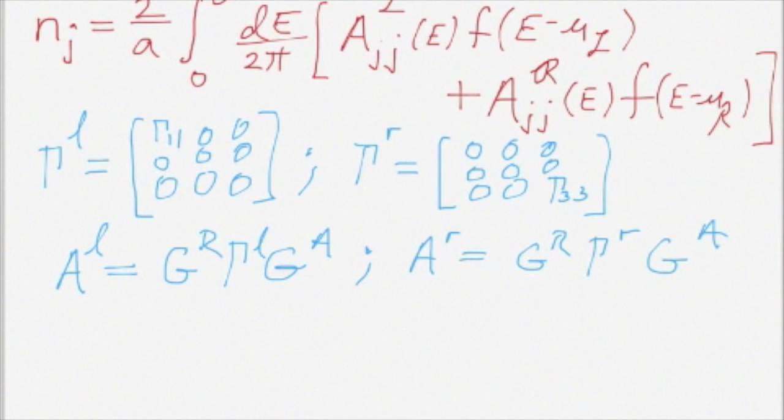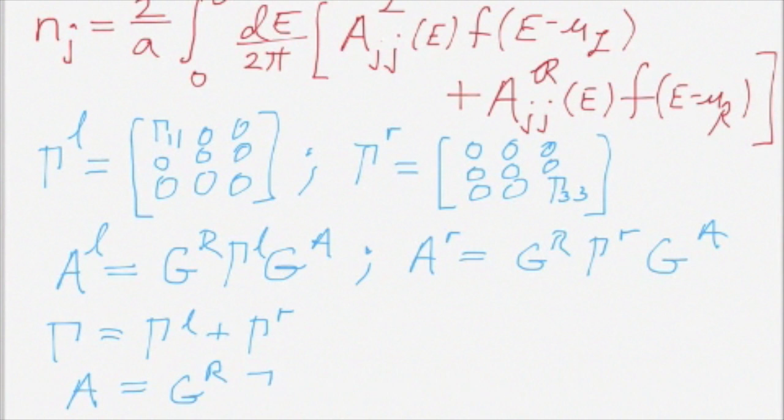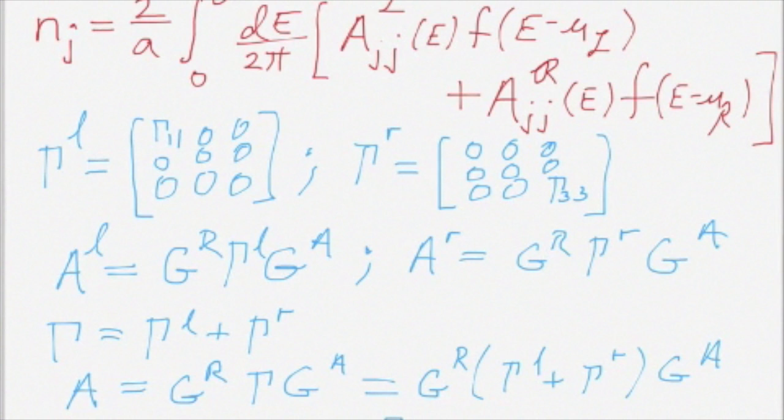And since gamma is gamma L plus gamma R, just adding them together, then again, it's just another way of seeing it. A is what we wrote down earlier, GR gamma GA, and it just breaks out into its two components, GR gamma L plus gamma R GA, which is AL plus AR.